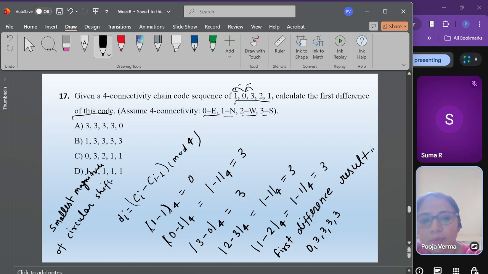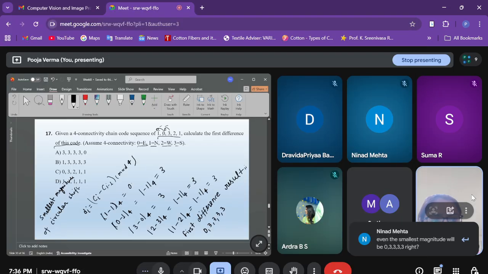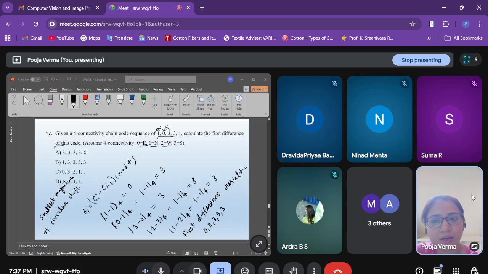Here how many numbers are there? Five numbers, so five circular shifts are possible. If you just shift by one, yeah, that is correct.